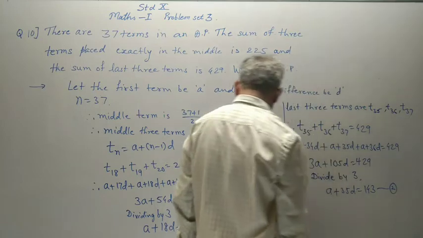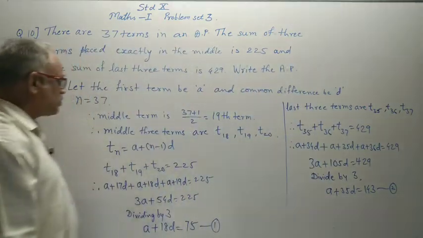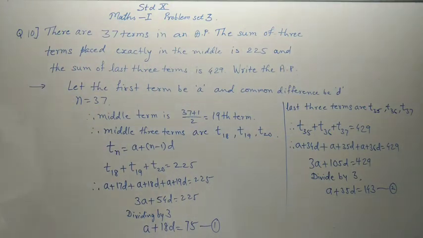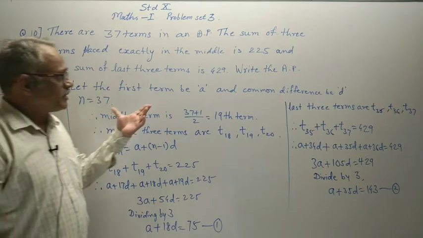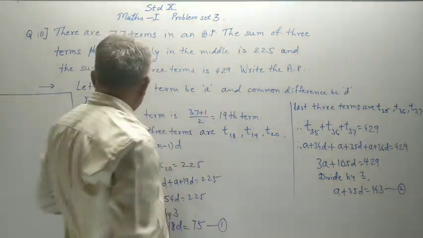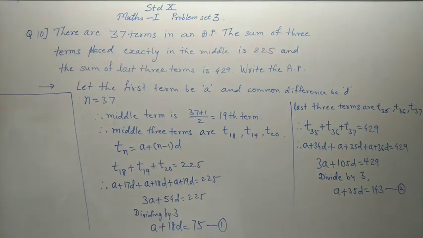Question number 2. Now we have to solve these two equations. Neatly observe. Then we will get A and D. Then using A and D we have to write the first 4 terms and then write the AP. So it is one of the lengthy parts. Subtract 1 from 2.